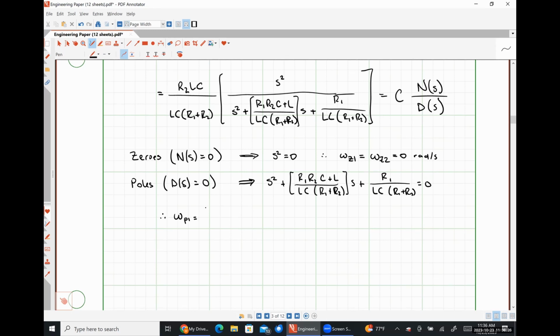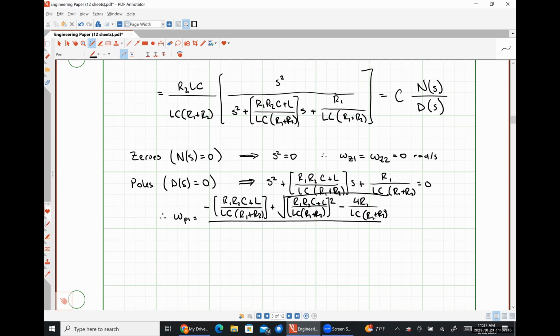So that's going to look like negative (R1 R2 C plus L) divided by LC times (R1 plus R2), plus the square root of that thing, (R1 R2 C plus L) divided by LC (R1 plus R2) quantity squared, minus 4 R1 over LC (R1 plus R2), all divided by 2.